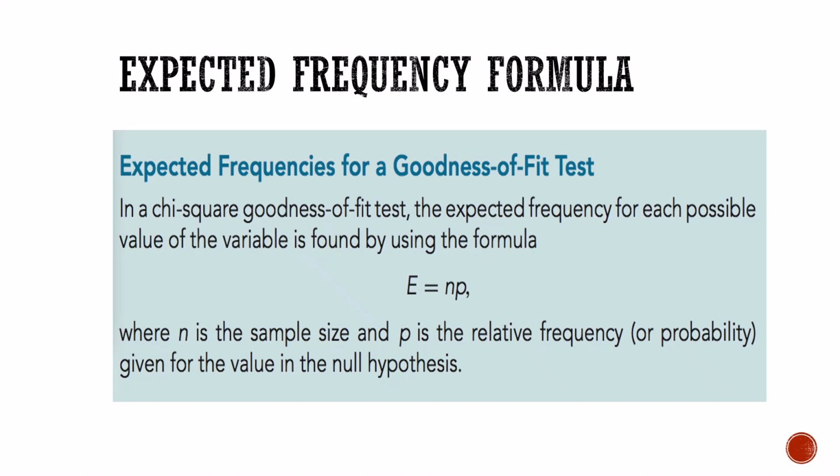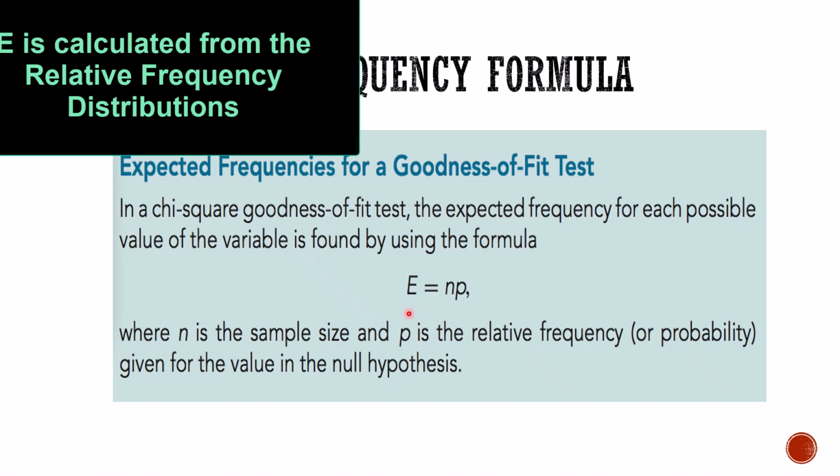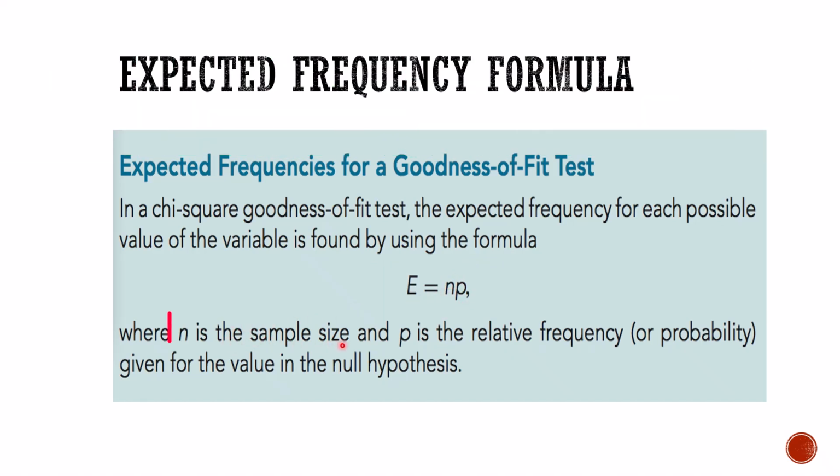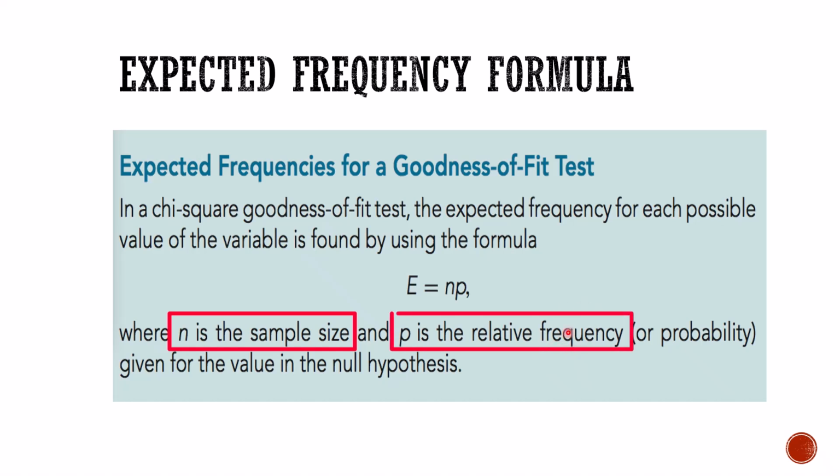All right, so we have to calculate the expected frequencies, denoted by the letter E, using a simple formula, which is N times P, where N is the sample size and P is the relative frequency or the probability. The past information will be given to us for the different variables in the form of relative frequencies.